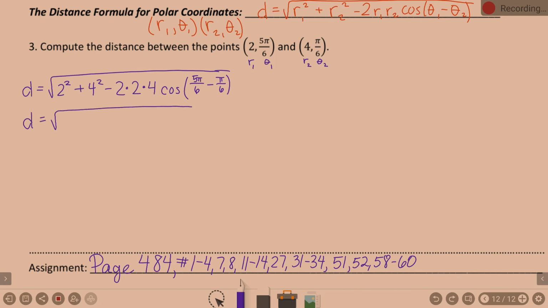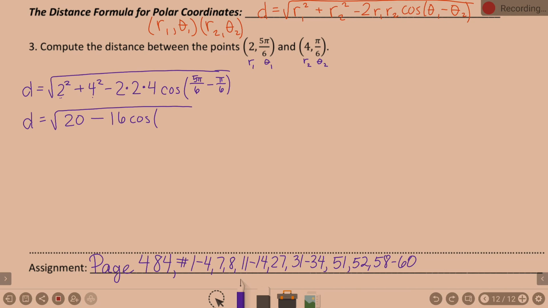So out front, I know 2 squared is 4. I know 4 squared is 16. 4 plus 16 is 20. Minus 2 times 2 is 4. Times another 4 is 16. Times cosine of 5 pi over 6 minus pi over 6, of course, is 4 pi over 6.